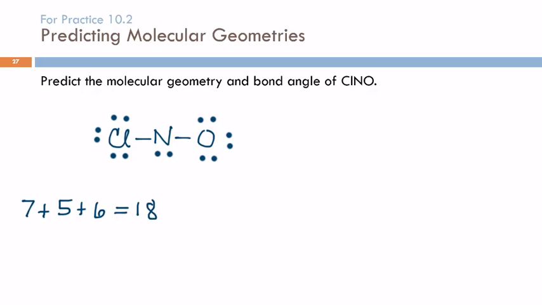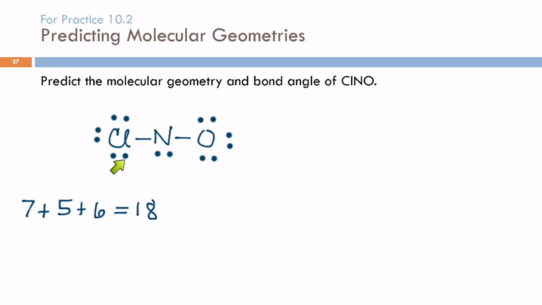What's frustrating to a lot of students about this is I can't give you a hard and fast set of rules about how to connect the atoms. I can give you guidelines like try to make it symmetrical, put more electronegative elements on the outside, but sometimes we just have to come out and tell you put this one in the middle. And the way this one is written, we're suggesting that you put nitrogen in the middle.